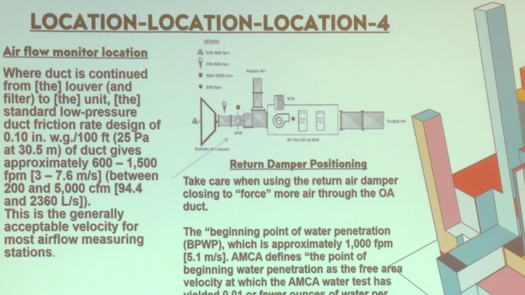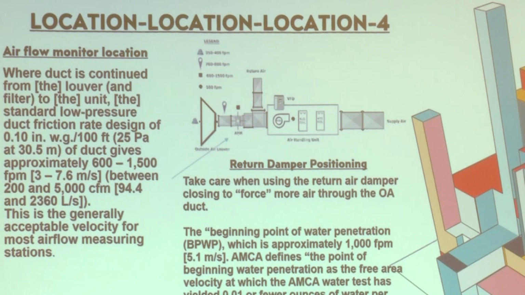But if the airflow monitor can't see 500 CFM, people start closing the return air damper, which forces more air through the outside air damper. But then it also increases the velocity of the return, which again increases the velocity through the coil, and if these systems are not designed and operated properly, we have a lot more problems than just the wrong outdoor air.